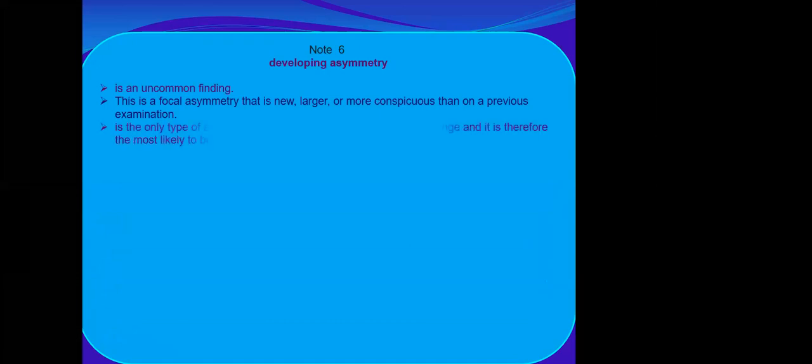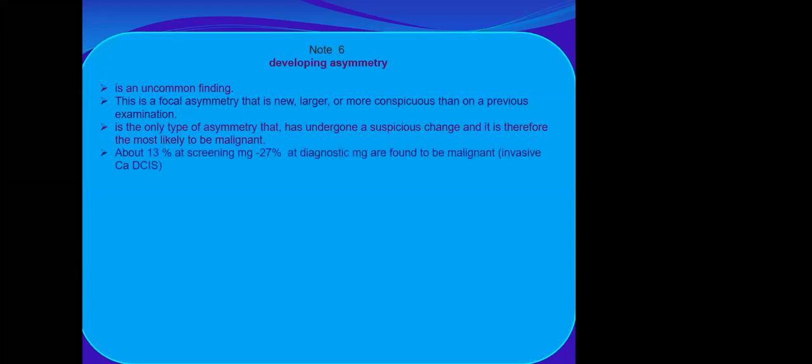Just to remind you, developing asymmetry is an uncommon finding, becoming a focal asymmetry, new, larger, or more conspicuous than previous. We have to remember it can be seen in only one view, not always in two views, and it has undergone suspicious changes, and therefore is most likely to be malignant.